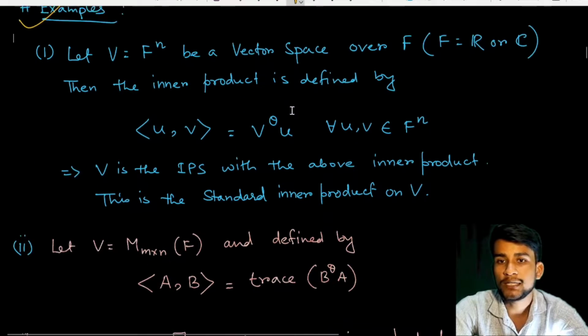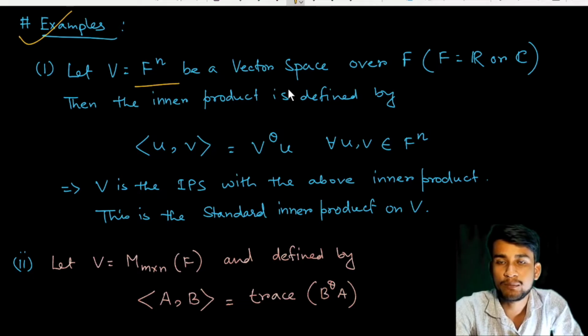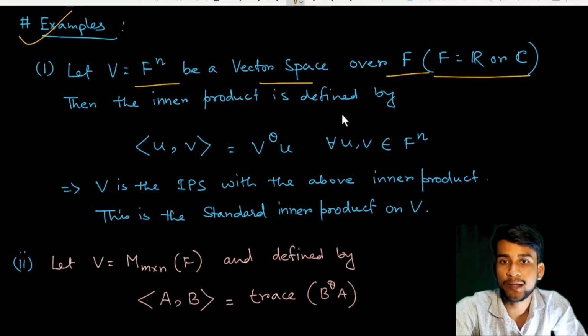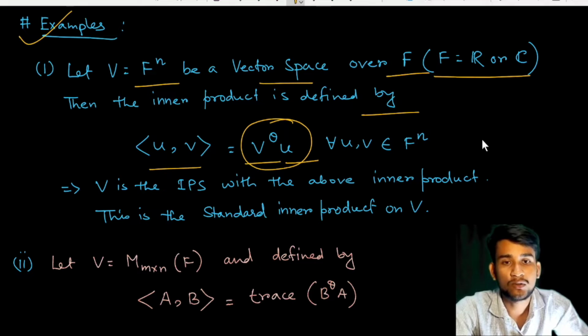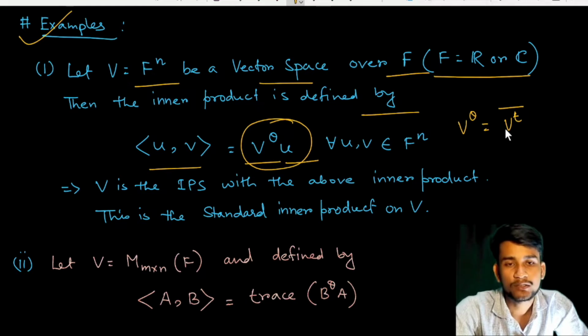Example one: let V equal F to the power n, that is, the space of n-tuples, be a vector space over the field F equal to R or C. Then the inner product is defined by the inner product of u and v equals v dagger times u. Here v dagger is the transpose of v and then the complex conjugate.